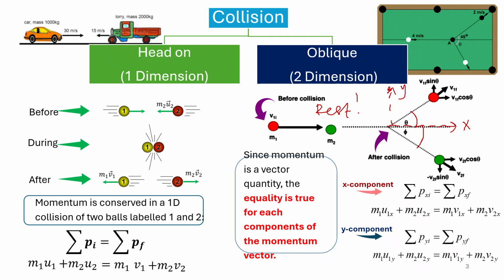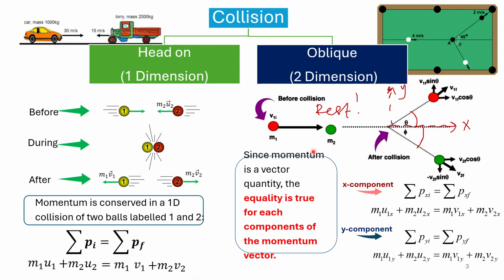Not necessarily both initial and final must have an angle. It is either before the collision or after the collision that has this angle. That means we have to treat this situation as two dimension.